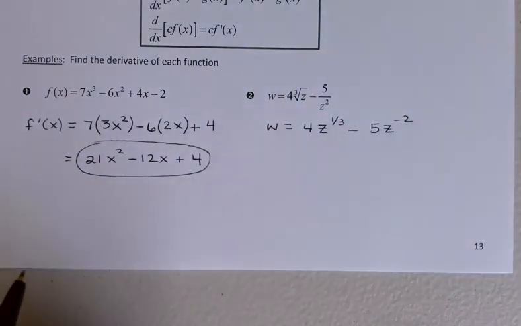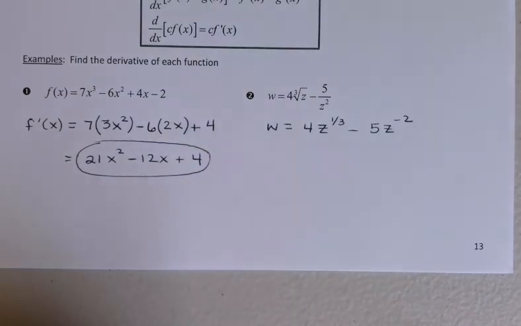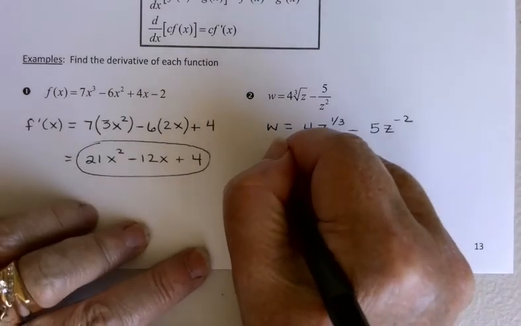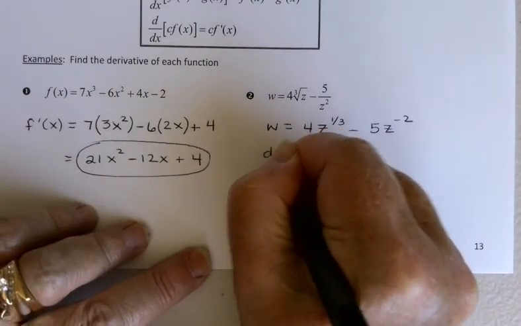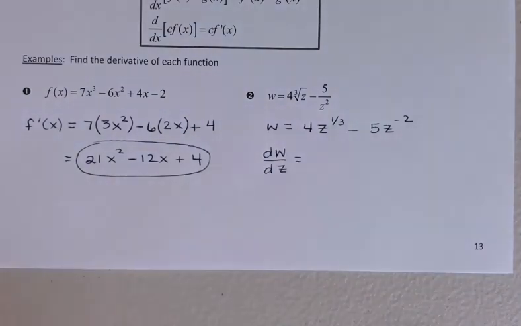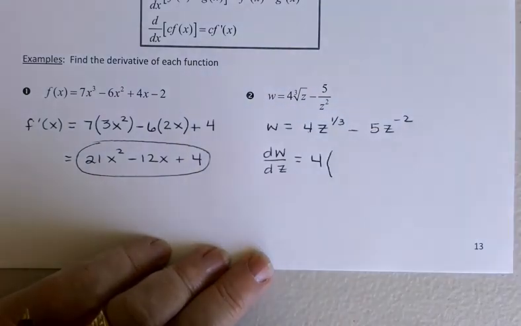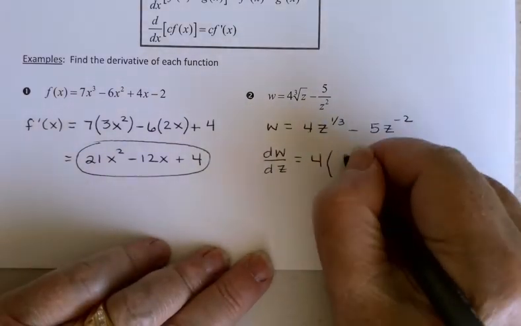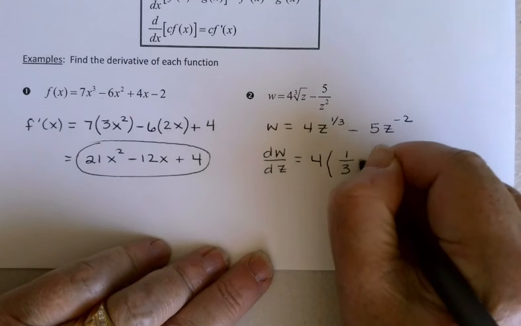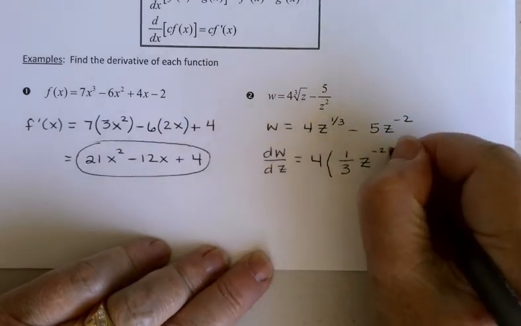All right, let's do a little Leibniz notation here. w is the dependent variable, and z is the independent. So if I was going to use Leibniz notation, this would be dw/dz. I have the constant multiple 4, and then the derivative of z to the 1/3. 1/3 z to the 1/3 minus 1 would be negative 2/3.